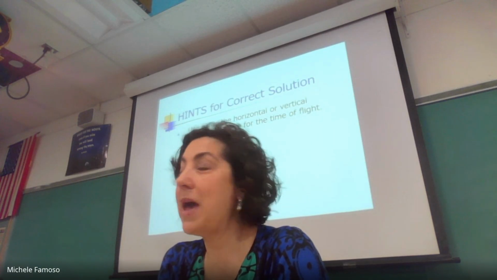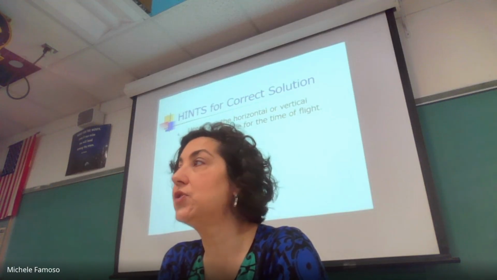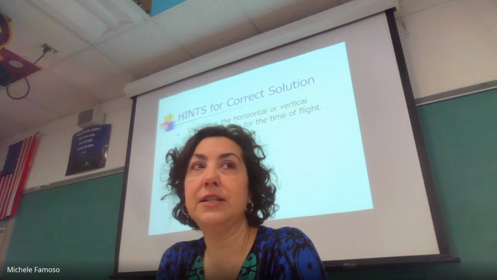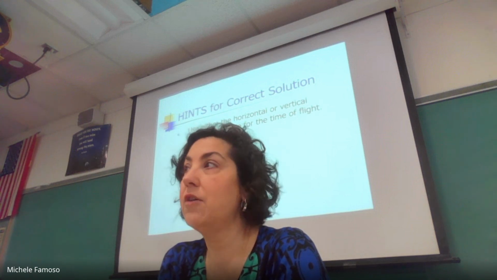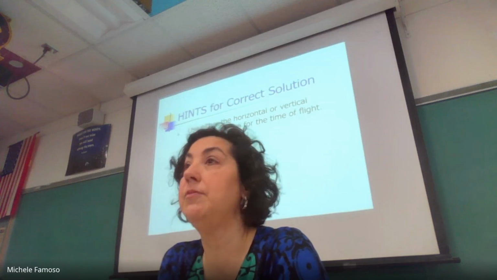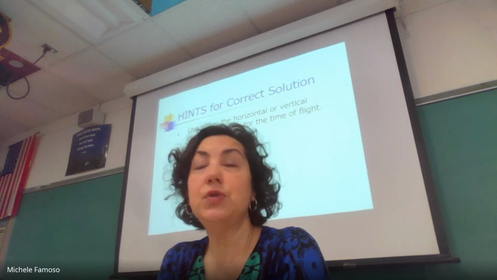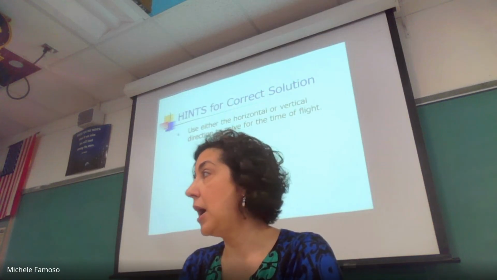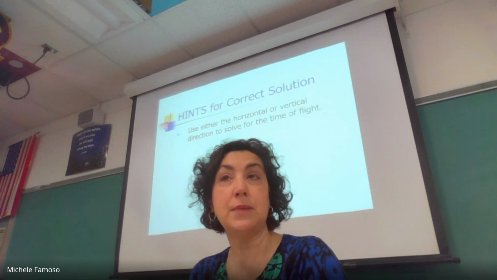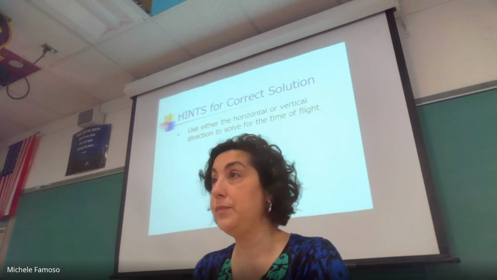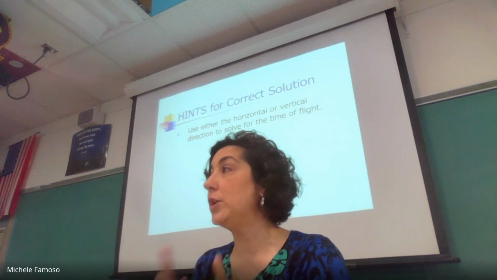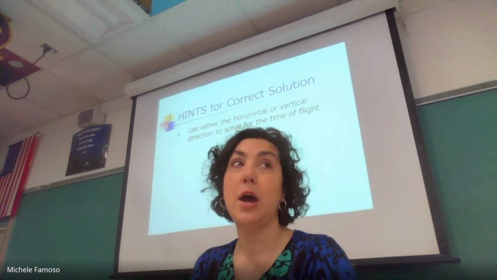Now, no matter what the question asks you to solve for, you always have to find the time in the air first. I don't care what the question asks for, you need the time first. And you'll use one of the two directions of motion, either the horizontal path or the dropped path, to find the time. You cannot use them together. You use one or the other. Which one you use to determine the time will be based upon which direction of motion you know more about.